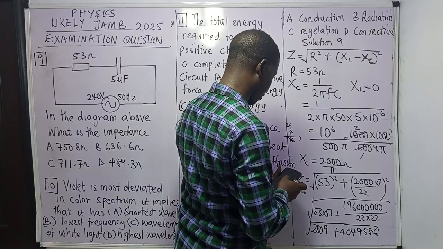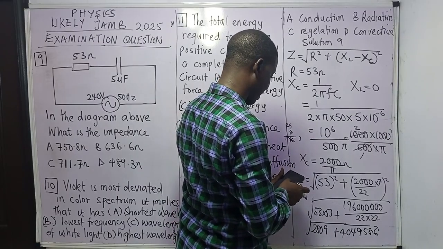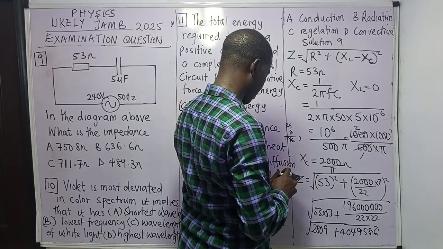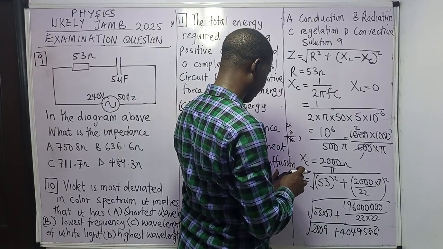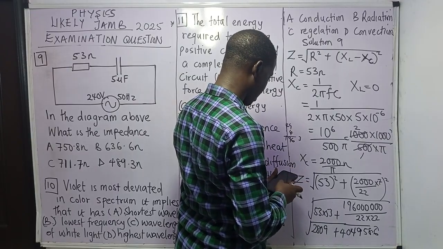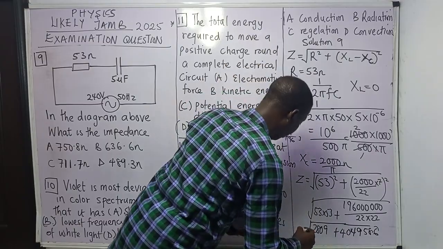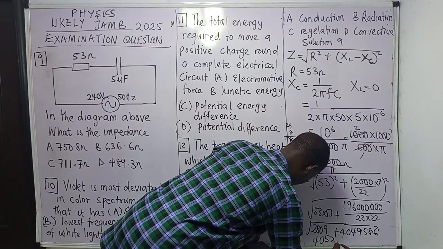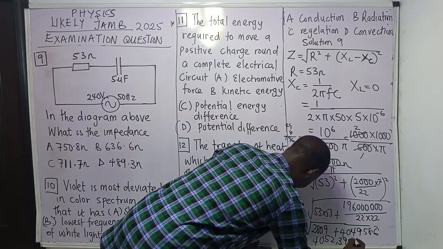Then I want to have it as about 4052, comma 395.